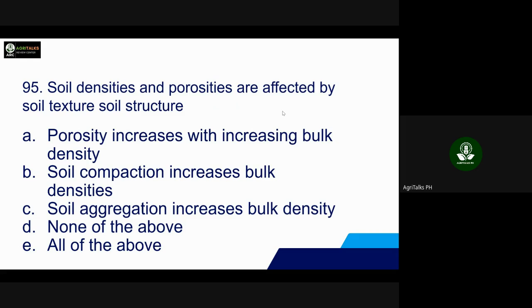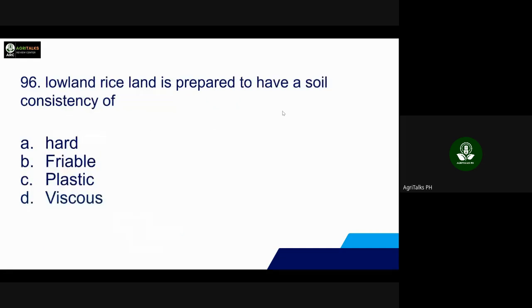That's wrong, since aggregation increases porosity. So the correct answer is letter B. Number 96. Lowland rice land is prepared to have a soil consistency of hard, friable, plastic, viscous. We discussed this earlier. It should be like porridge, which is viscous.